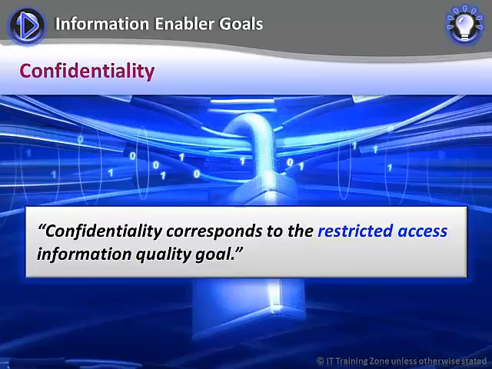The next of the COBIT 4 information criteria is confidentiality. Confidentiality corresponds to the restricted access information quality goal. Confidentiality concerns ensuring that information can only be used by authorized persons. In an enterprise, this usually means use for a legitimate business purpose.